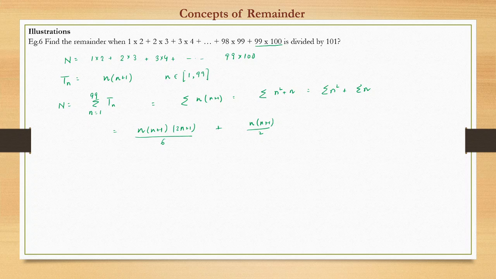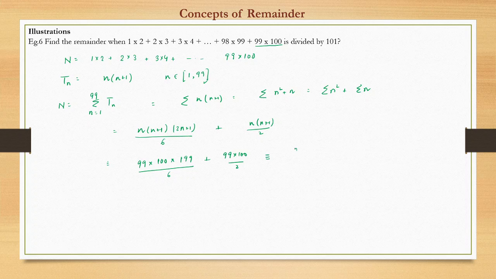Now see, either we can put the value here. What is the value of n? N maximum can go up to, this is summation n, so summation of how many terms? 99 terms. So n is 99. 99 into 100 into 199 by 6, plus here it is 99 into 100 by 2.